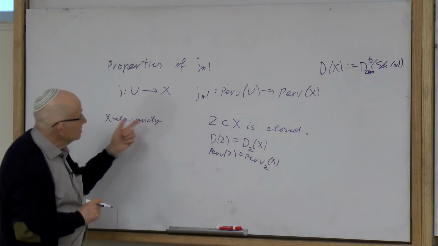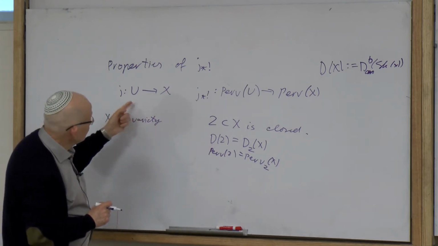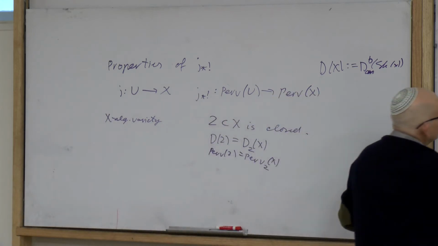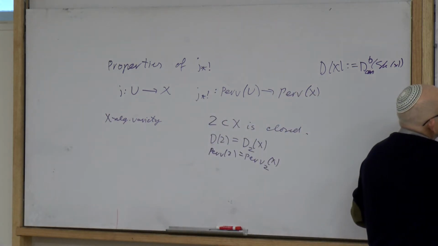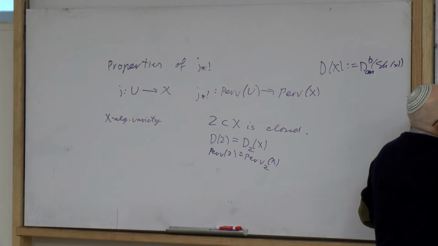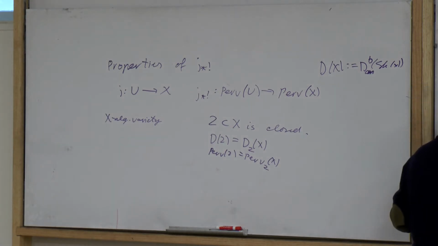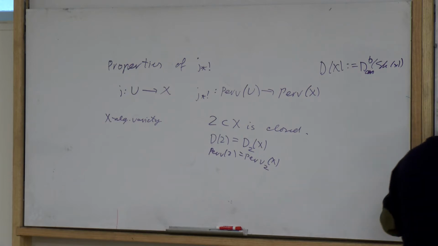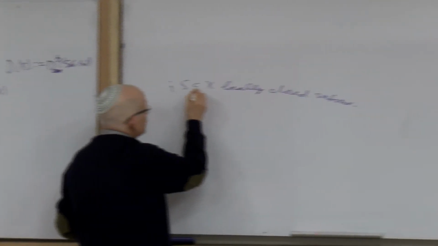Hence this open embedding thing I can immediately translate to the following. Suppose I have S in X a locally closed subvariety, and J is the corresponding embedding.